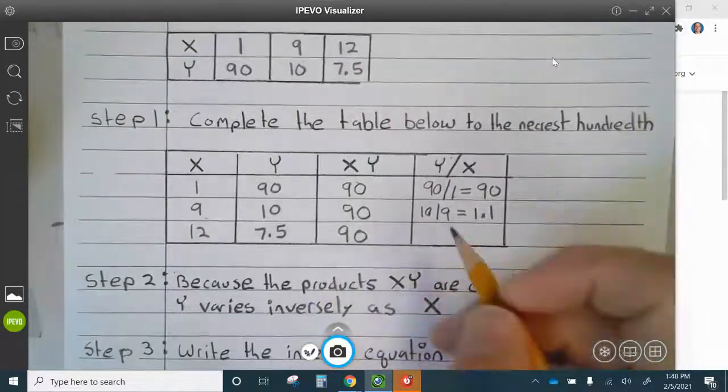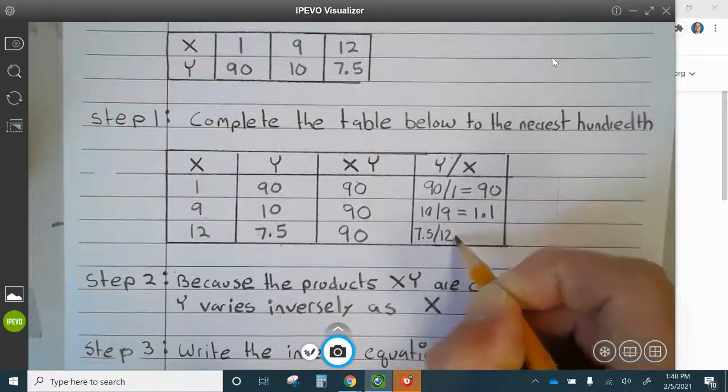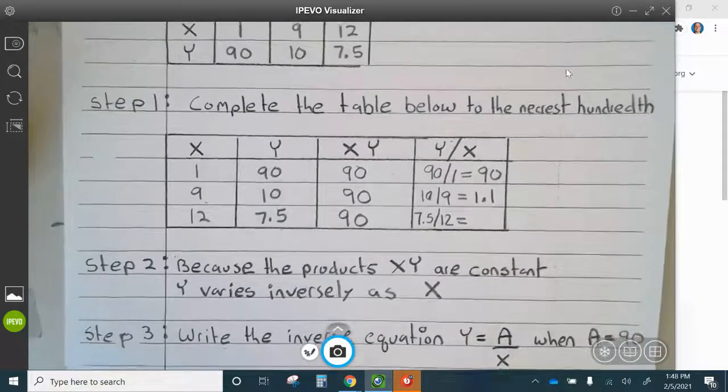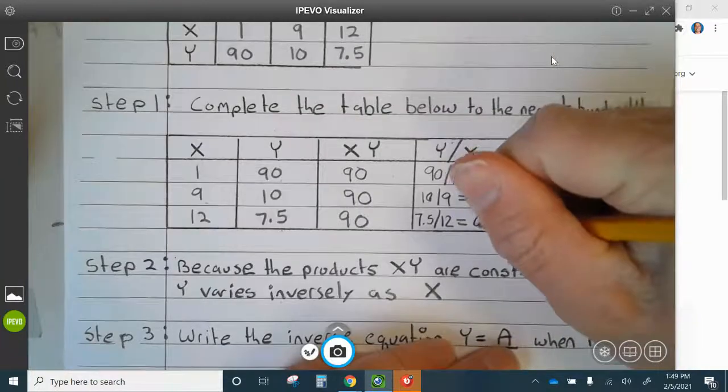Then we do 7.5 divided by 12, which let's just call 0.6.